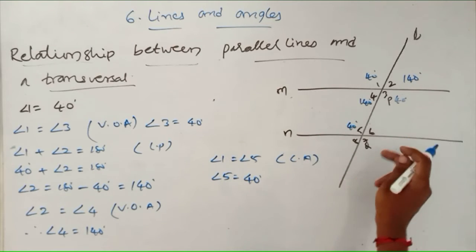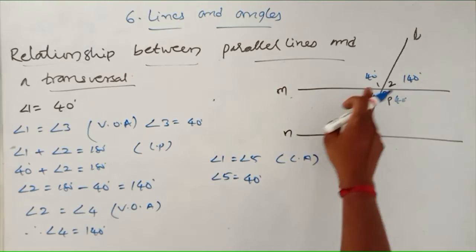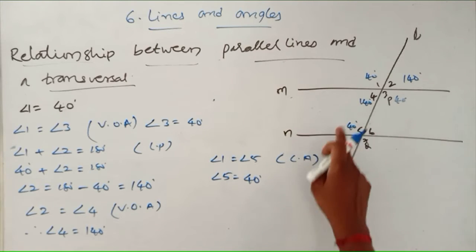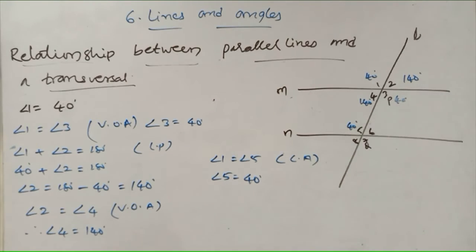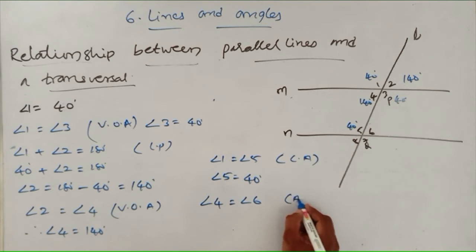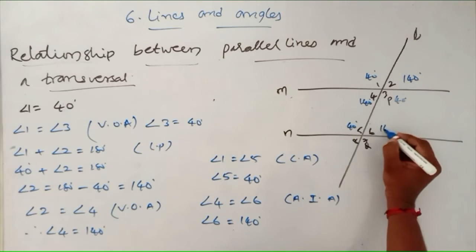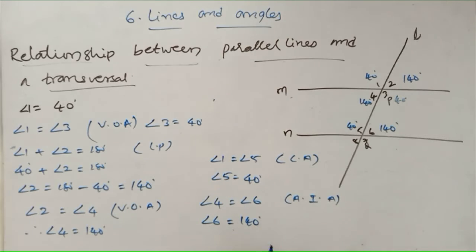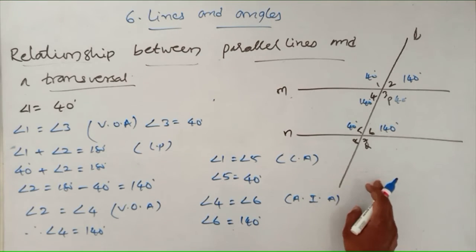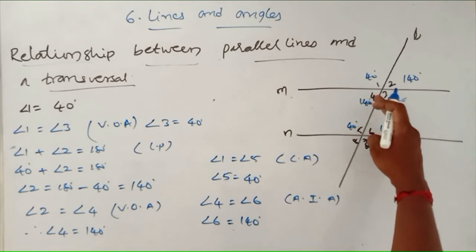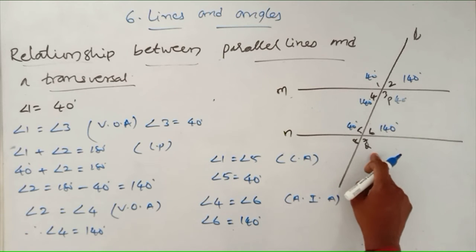Now next is angle 4 and angle 6. These are alternate interior angles. Angle 4 is 140, then angle 6 is equal to 140 degrees. Now, what about this value?